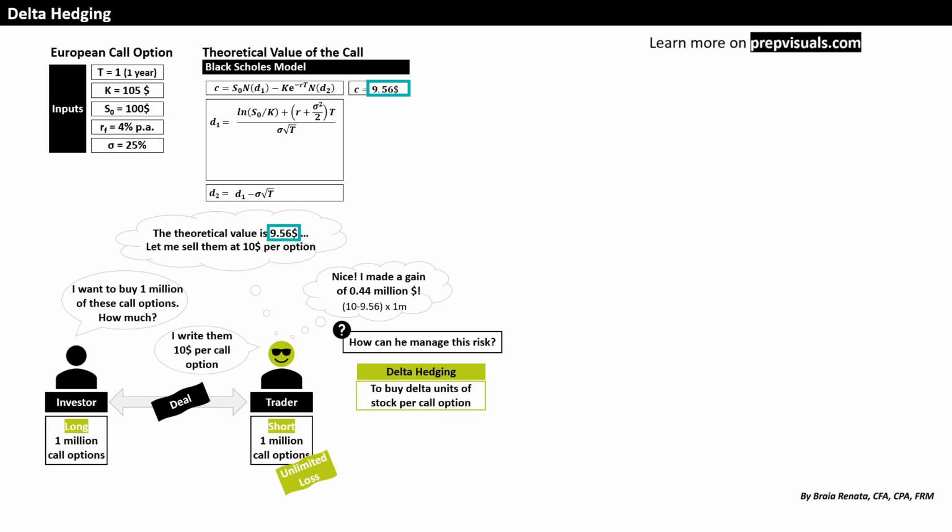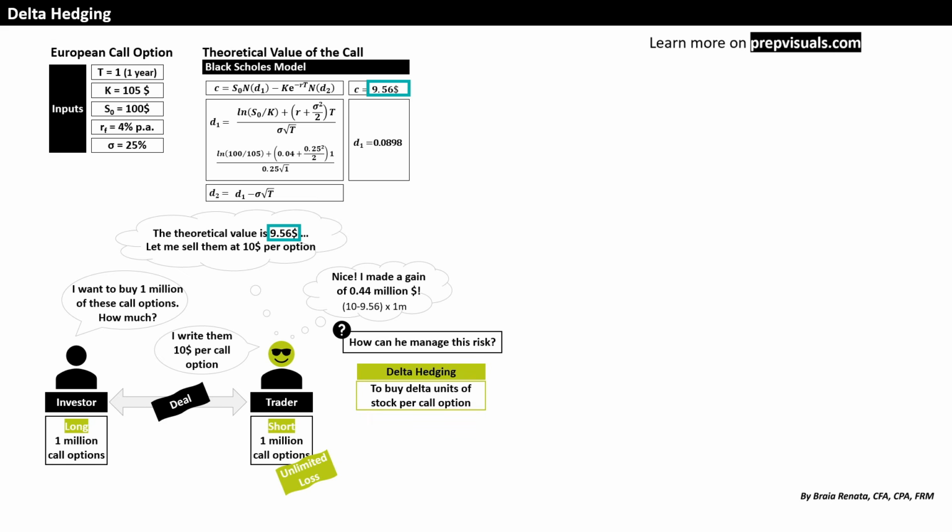And of course, to execute the delta hedge, the first step is to calculate the delta of the call option, which starts with calculating D1. And basically, calculating D1 is a simple plug and play. So if we plug in the values, we would get D1 to be this value over here.